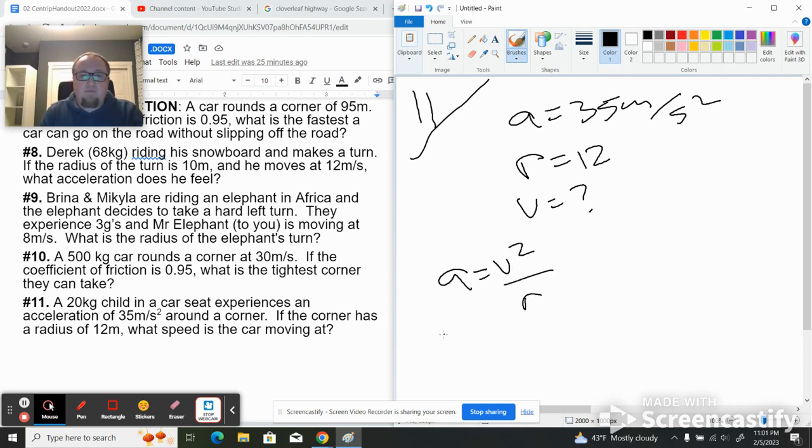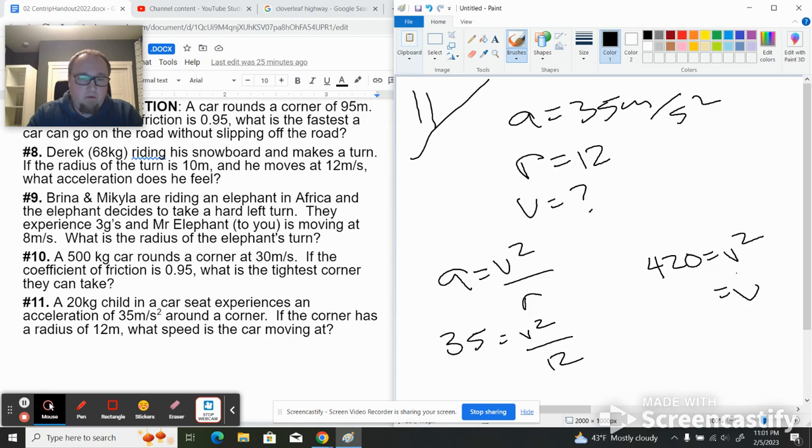I got 35 equals v squared over 12. I want to get v by itself, so I'm going to multiply both sides by 12. 35 times 12 is 420. So 420 equals v squared. So v is the square root of that number, 20.5.